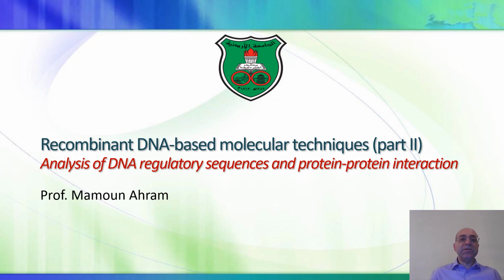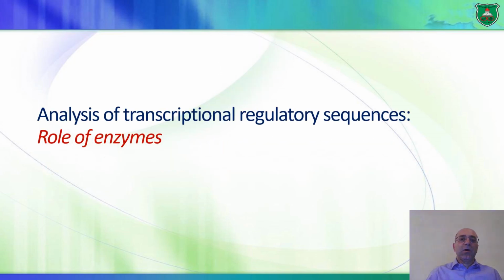In this second part of the recombinant DNA-based molecular techniques, I'll be talking about techniques where we use them to analyze DNA regulatory sequences and techniques related to investigating protein-protein interaction. Let's go over the first part, and here we'll talk about an enzyme that we can use to investigate transcriptional regulatory sequences.